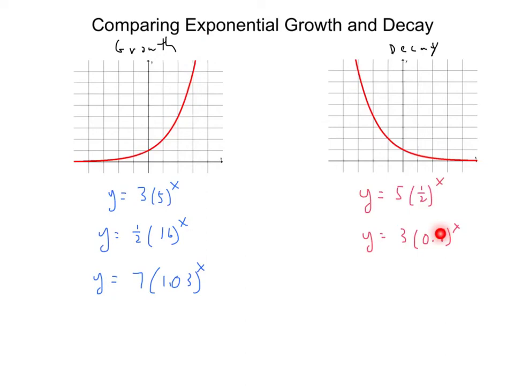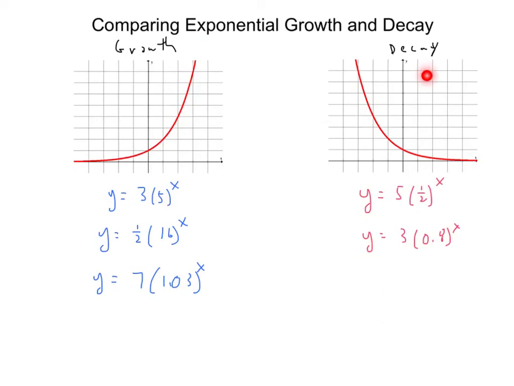Well, what they have in common, first of all, is that they're all exponential. They have an x value for the exponent. But what's different is this factor inside here. Growth graphs have a factor that is bigger than 1. 5, 16, 1.03. Those are all bigger than 1.